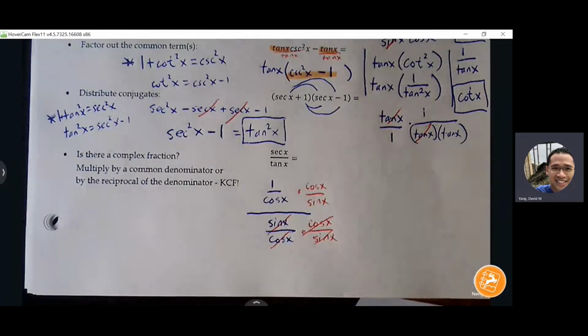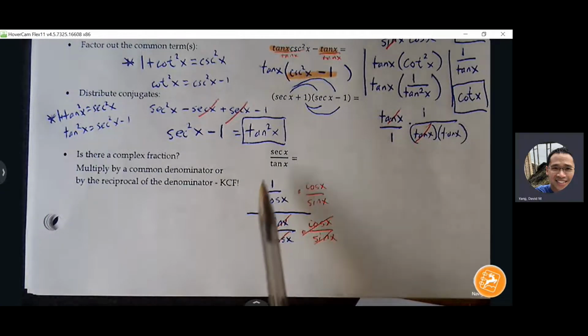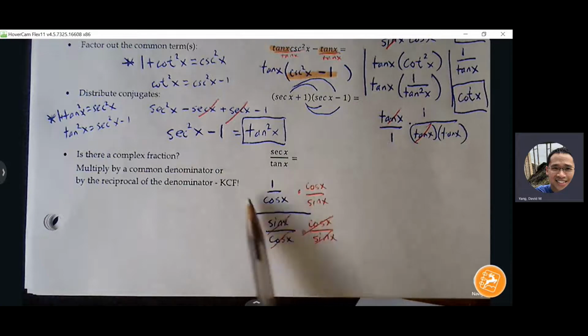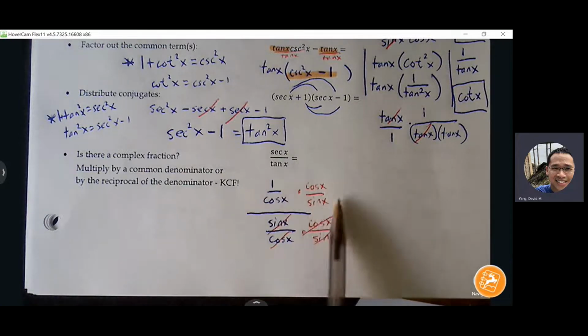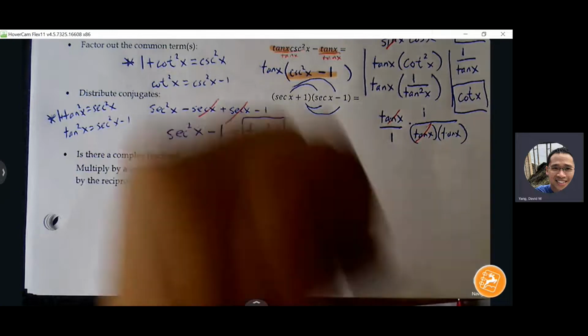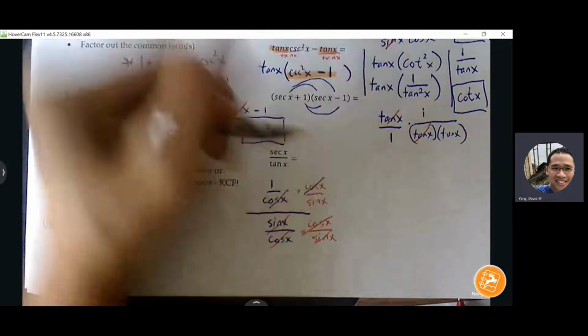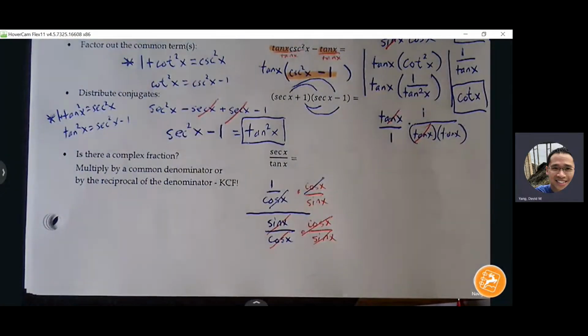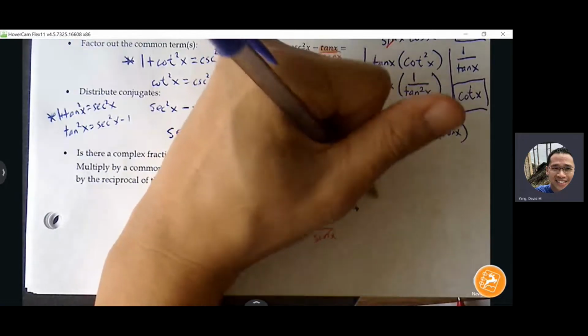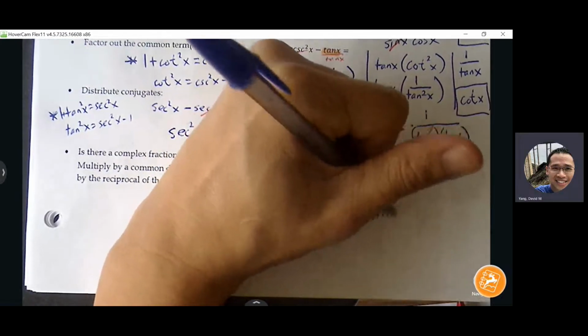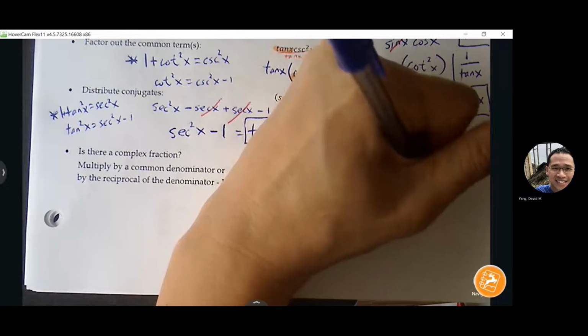And I'm just left with 1 times cosine of x divided by cosine of x times sine of x. If I'm just multiplying these two fractions, what will go away nicely for us? Cosine, right? Numerator and denominator above each other that are being divided can just cancel out. So we're left with just 1 over sine, which is cosecant.